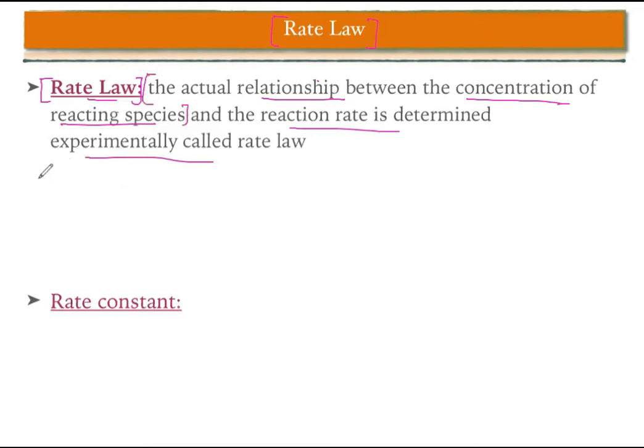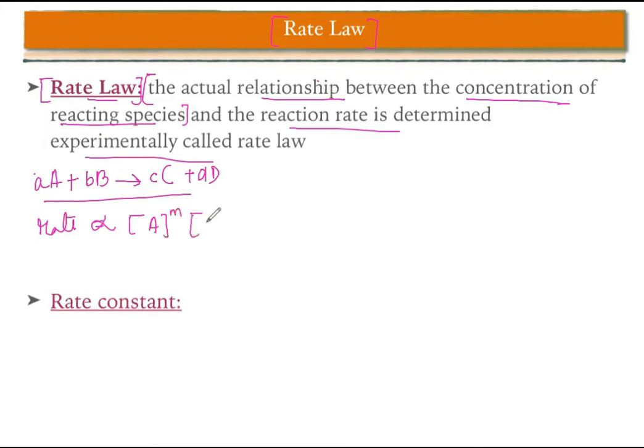Let us take one hypothetical reaction, that is a moles of A going to react with b moles of B, and it is going to produce c moles of C and d moles of D. So for this reaction, the rate is directly proportional to the concentration of A raised to the power of a constant value m, and the concentration of B raised to the power of a value n.